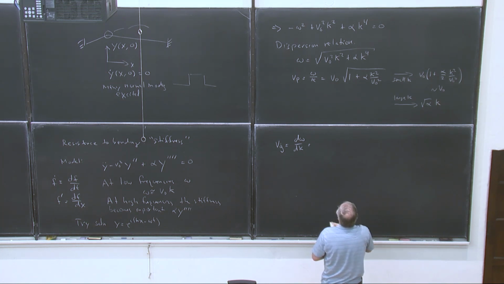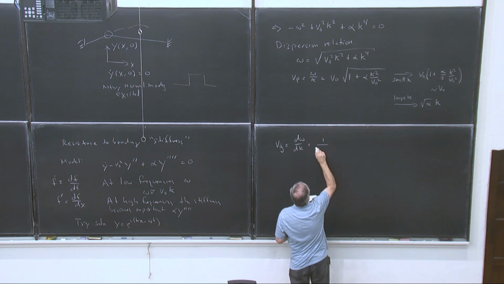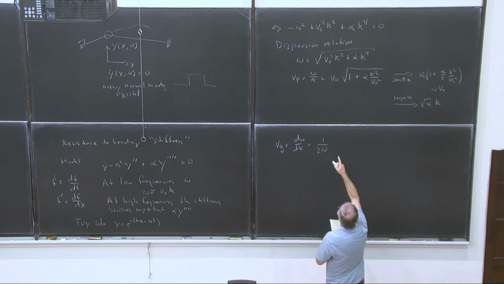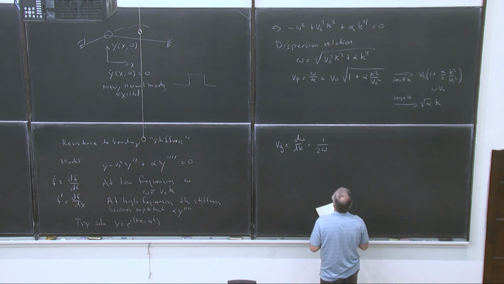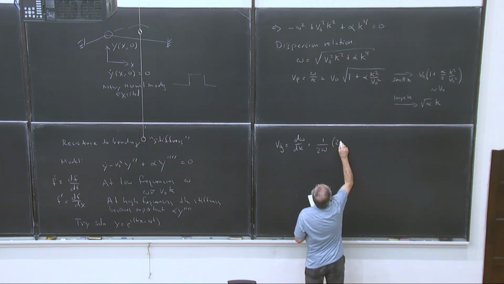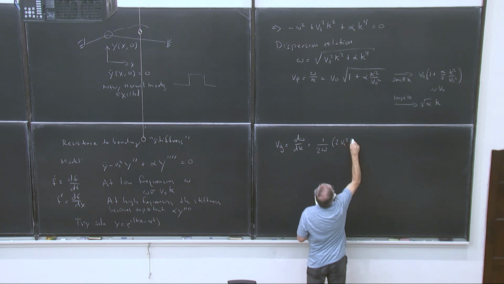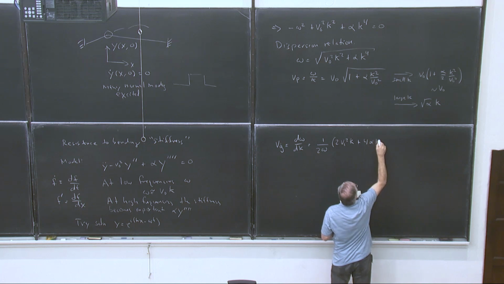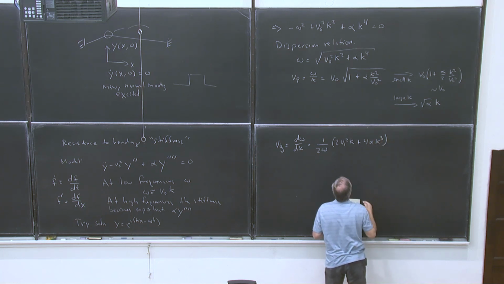So it'll be a half that comes out. It'll give me a 1 over 2 omega in the denominator, and then I have to take the derivative of whatever's inside the square root, which is 2 v naught squared k plus 4 alpha k cubed.